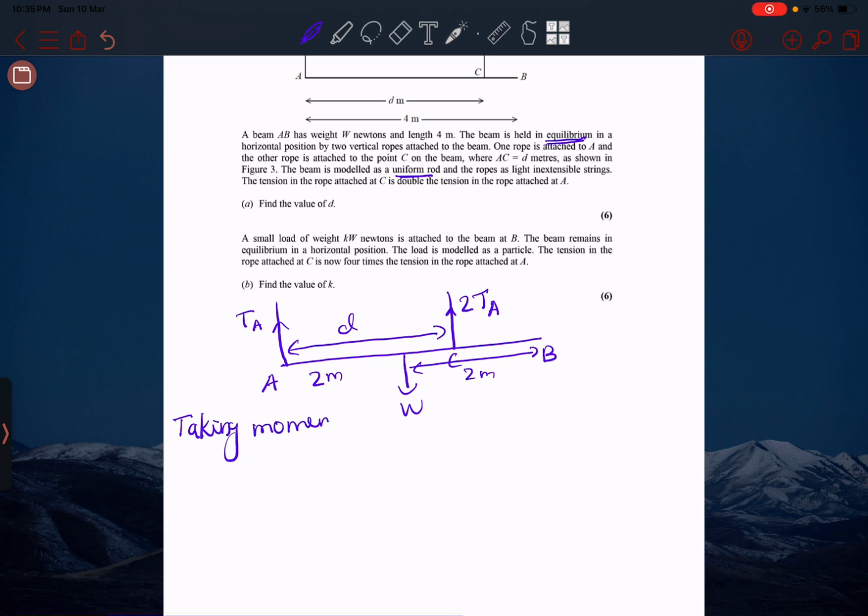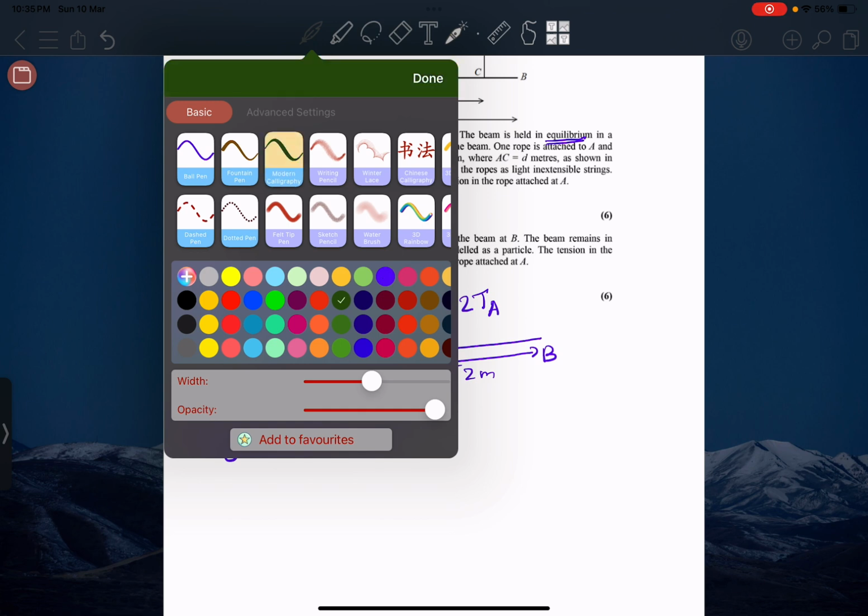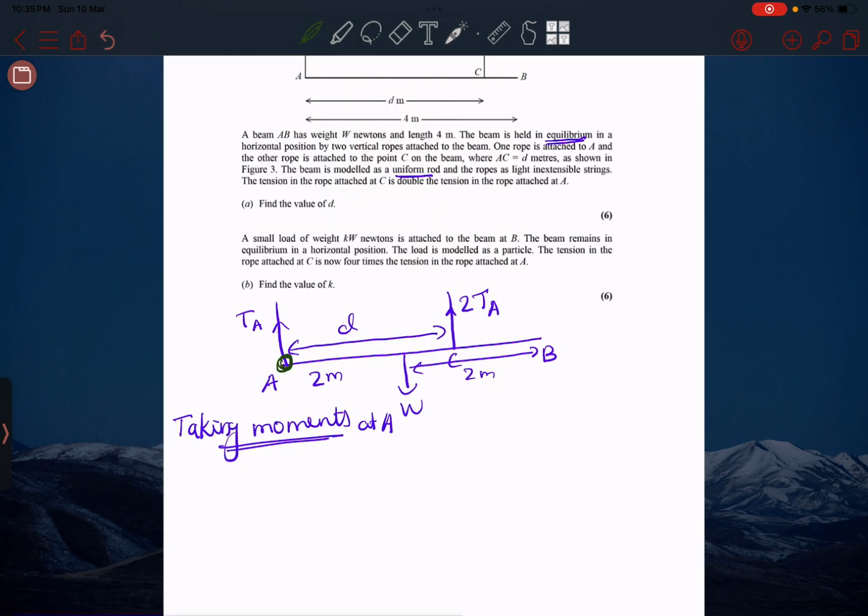Taking moments at A, let's have a look at the forces that we have. TA is gone because the force is going through my pivot point. Let's use a different color to highlight my pivot point. So that's my pivot point. The next force is W, and W is going in the clockwise direction. The perpendicular distance between the force and the pivot point is 2 meters, so I have W times 2.